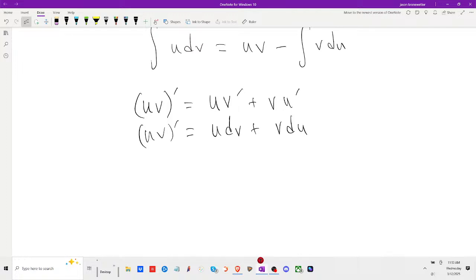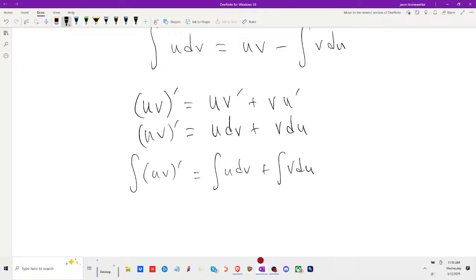Now, if I integrate both sides, I'm going to separate the integrals. If you have the integral of one whole thing, then you can break it into two. That's one of the laws of integration. v du.